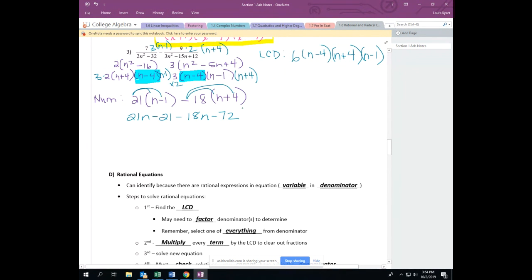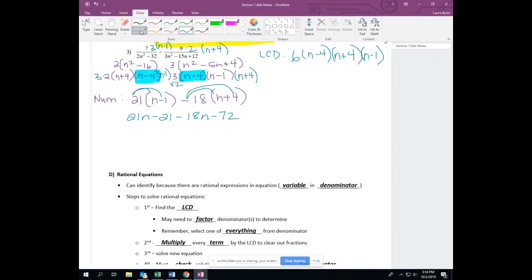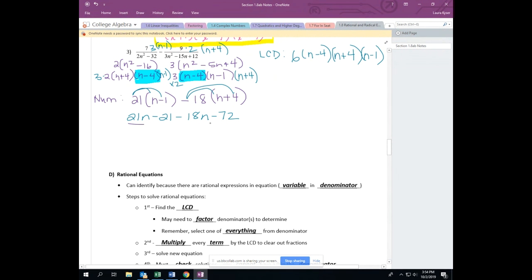Now I just need to go back through and combine like terms. Get everything kind of condensed and nice and neat, and we'll put them all together. So if I combine 21n and negative 18n, that gives me 3n. And negative 21 minus 72 more is going to give me negative 93.